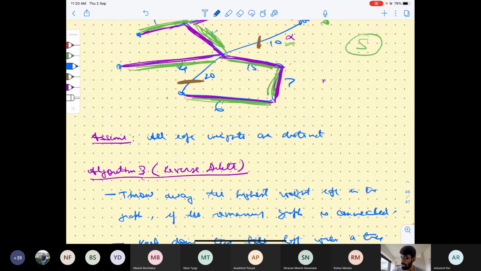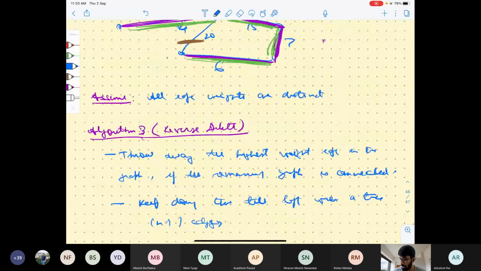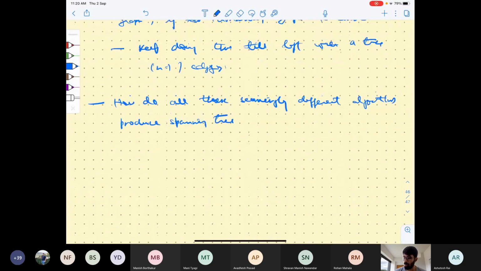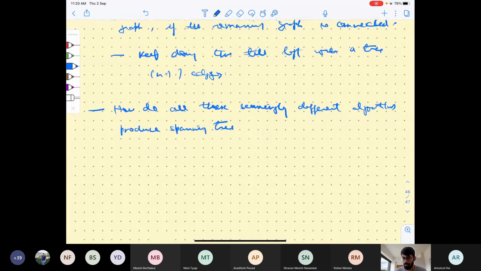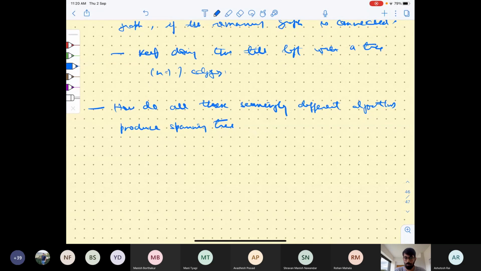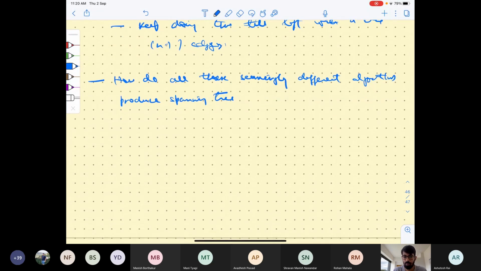So the answer actually is, for Prim's and Kruskal's, the answer is the same, that there is some property that they exploit, and for the reverse delete also it's kind of similar, but from the opposite direction. But let's see what kind of property this is. So let's do the proof of correctness for the algorithms.